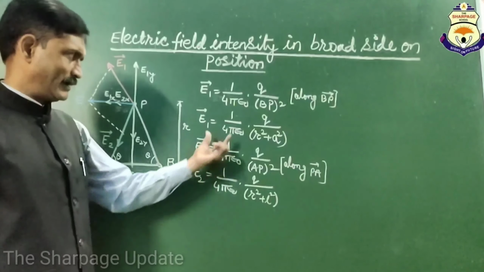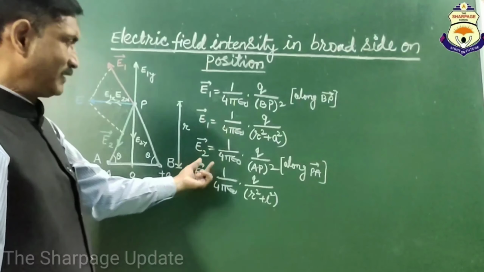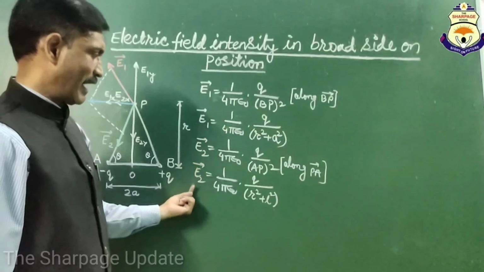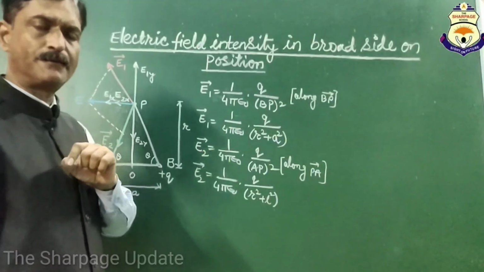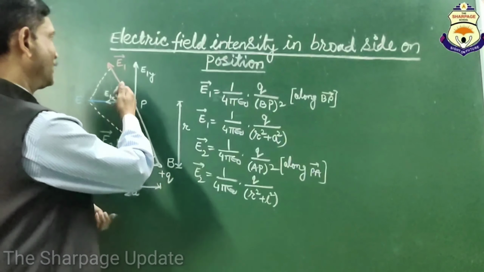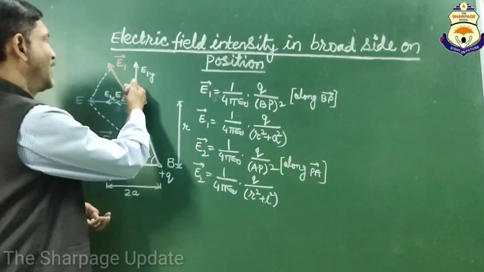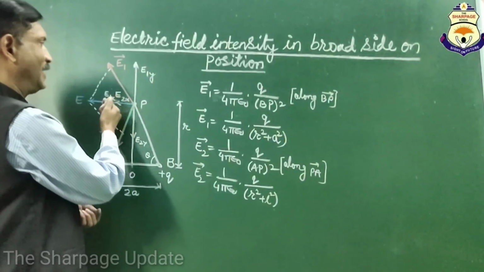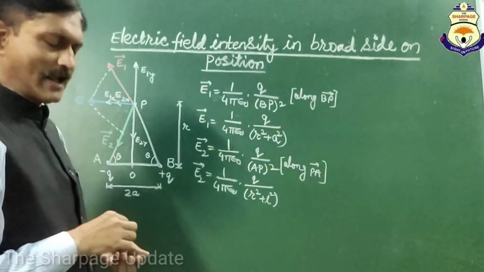As we know, here we can see that the magnitudes of E1 and E2 are equal, and the vertical and horizontal components are E1y, E2y, E1x and E2x.